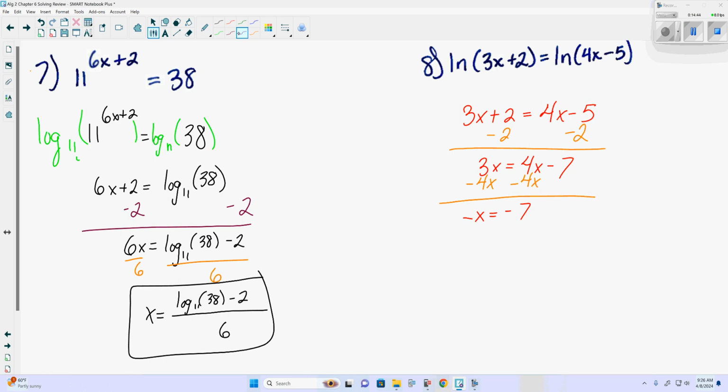Now we can divide by negative 1, or we can multiply by negative 1. Either one will give us the same thing, because negative x times negative 1 would be x. Negative x divided by negative 1 is still x. And negative 7 divided by negative 1 is 7. Multiplying or dividing by negative 1 will give us the same result. Questions on this here?